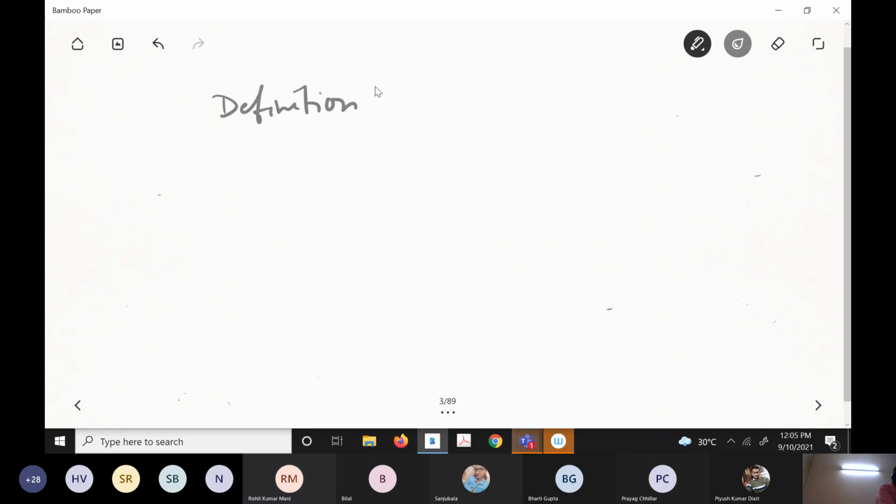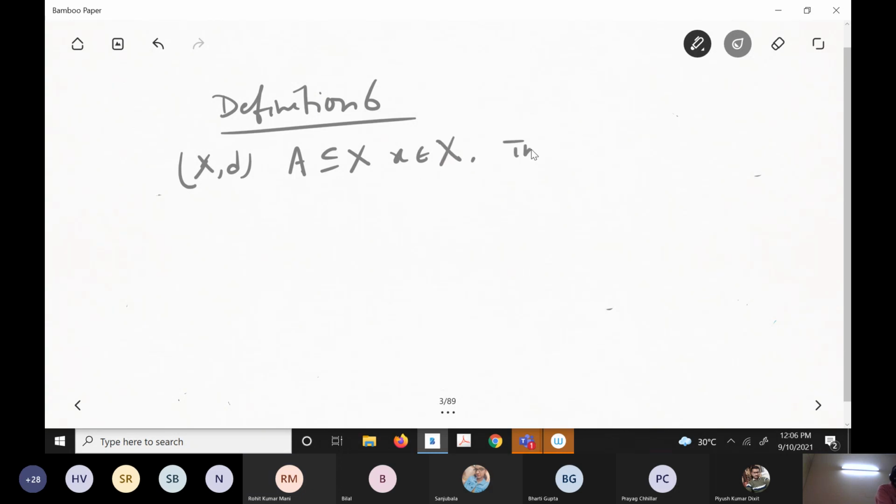I told you that in general, take X a metric space, A is a subset of X, and x belongs to X. x may not belong to A, may belong to it.